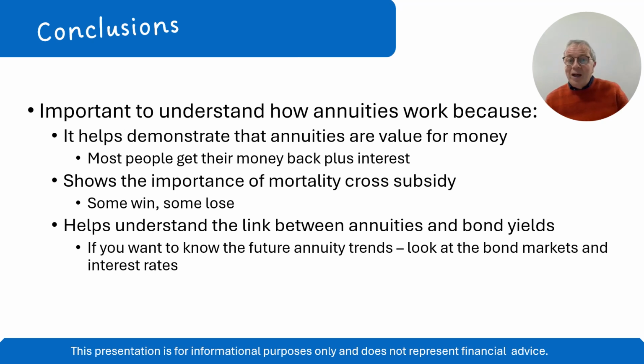Some people describe an annuity as being a bet with an actuary, and hopefully it's a bet that you will win. So it does help to understand the link between annuities and bond yields. If you want to know the future trend in rates, then simply look at the bond markets and interest rates.